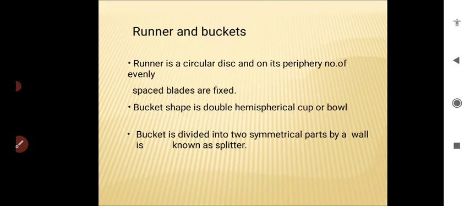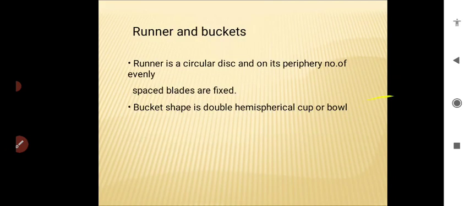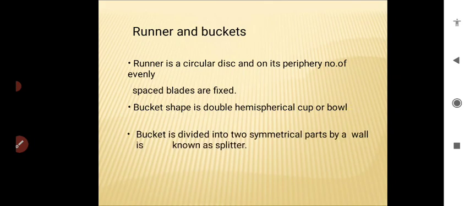The bucket is divided into two symmetrical parts by a wall known as the splitter. So the buckets are a set of spoon-shaped cups that are mounted around the runner to exchange the energy between the fluid and the turbine.